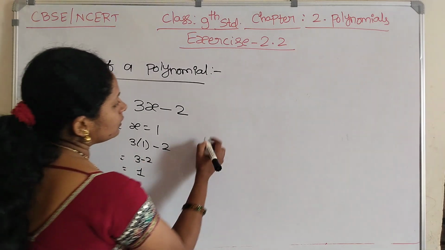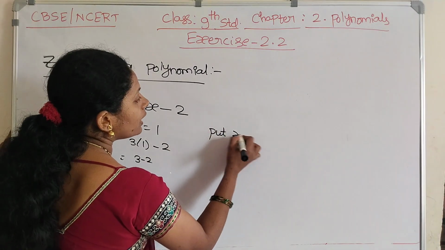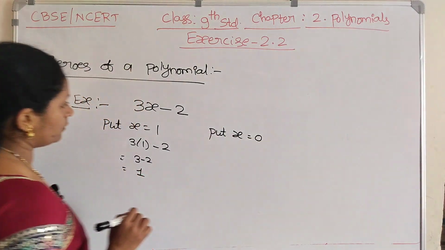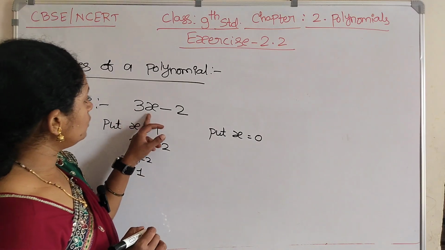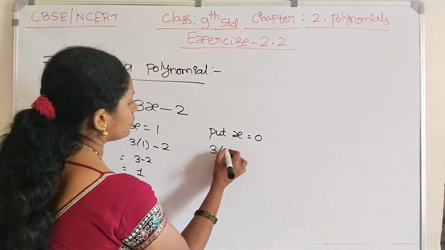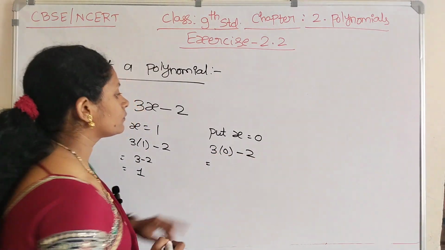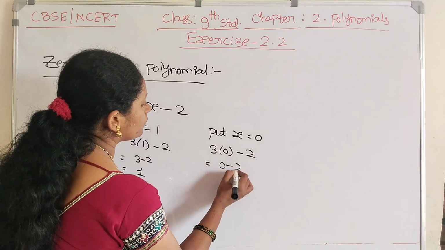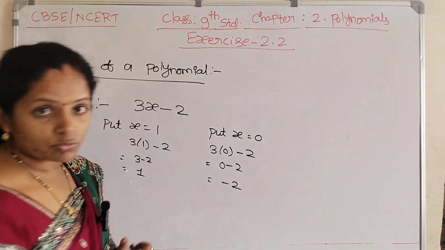No. Next case, put x is equal to 0. 3 into 0 minus 2. 0 minus 2 will give us minus 2.